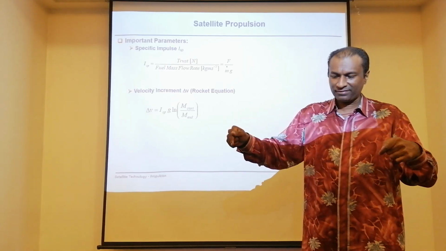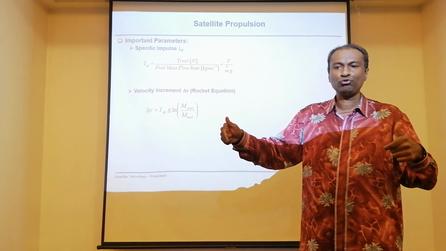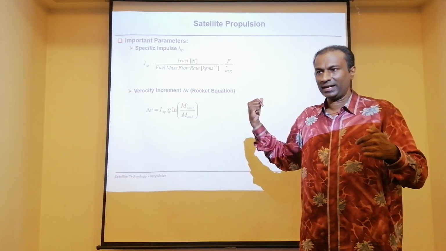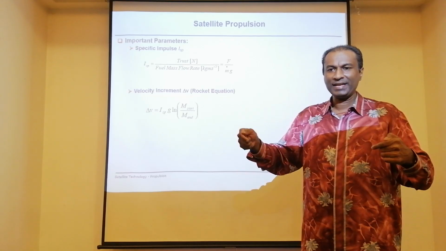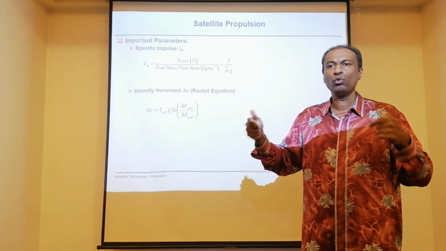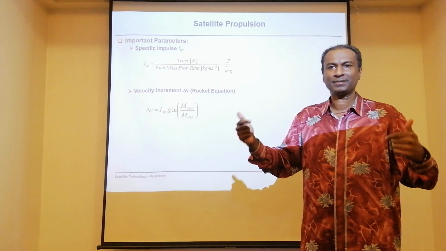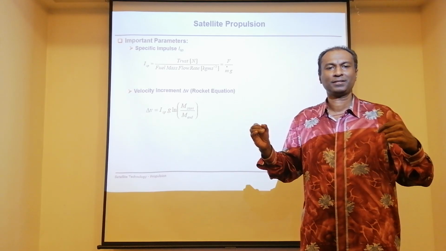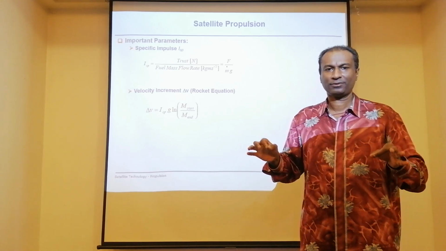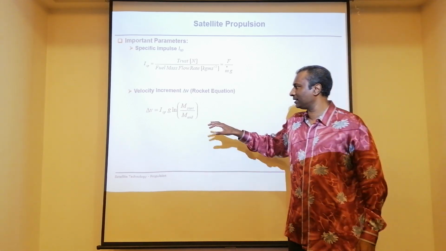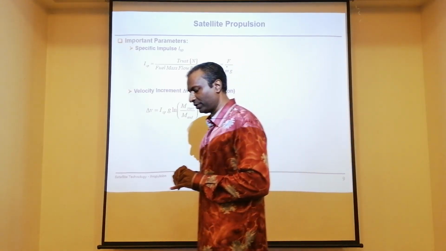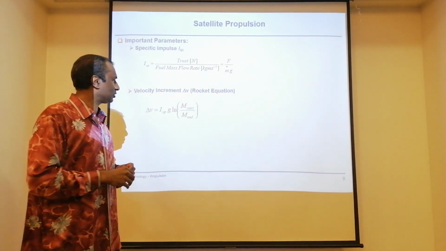What the velocity increment is and what we need to do, you will learn in space mechanics. In satellite technology, if I need a certain delta V, who is going to give it to me? The answer is my propulsion system is going to give it to me. You should be able to answer that in satellite technology. But the actual calculation you'll be exposed to when you do rocket technology.